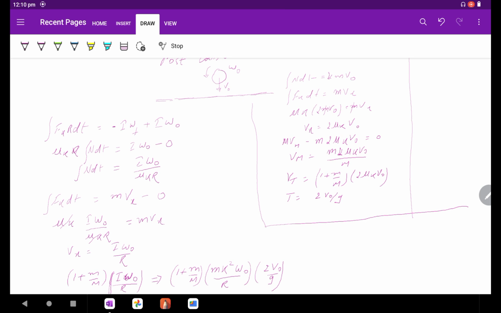So this brings us to the end of this question. The m will get cancelled. 2 by 5 here, 4 by 5, and that is what we'll be left with.